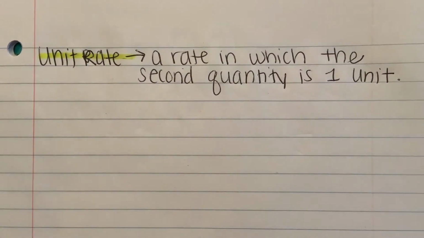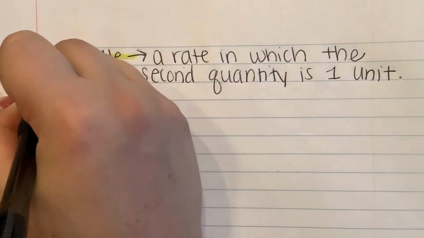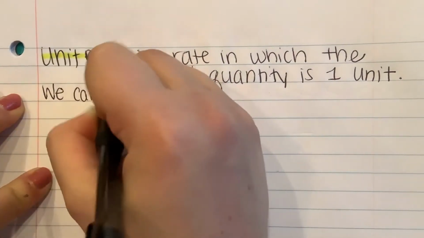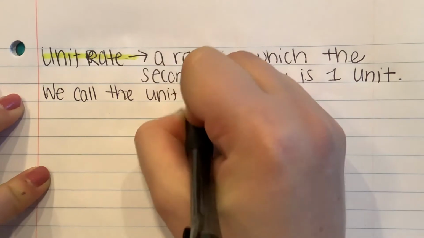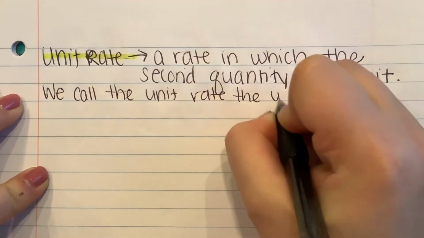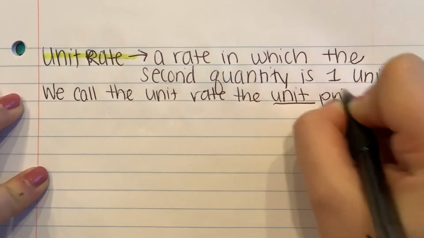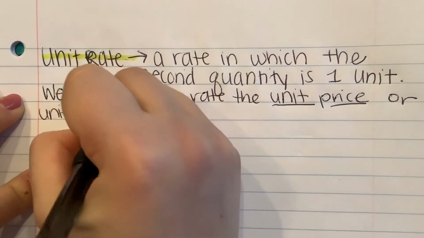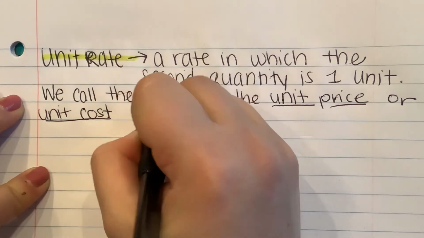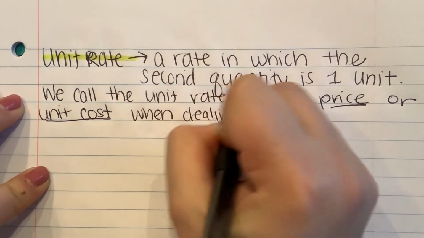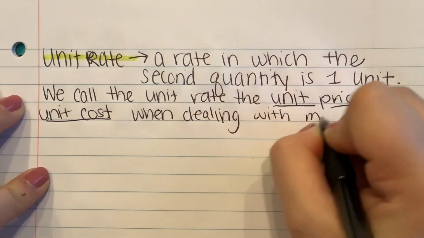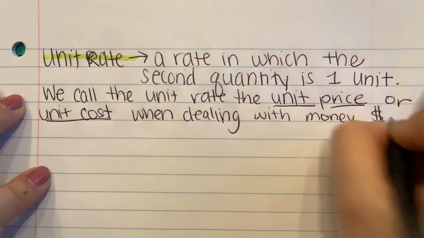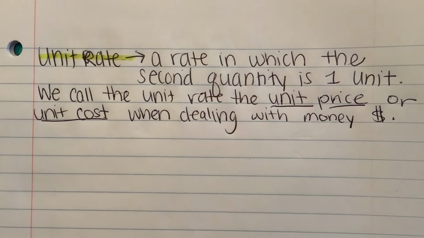When we're discussing unit rate, when we're dealing with money, sometimes we call that the unit price. We could also refer to it as the unit cost when we're dealing with money. We know when we're dealing with money anytime we see that dollar symbol that tells us it must be money.